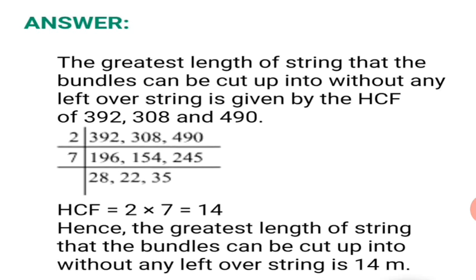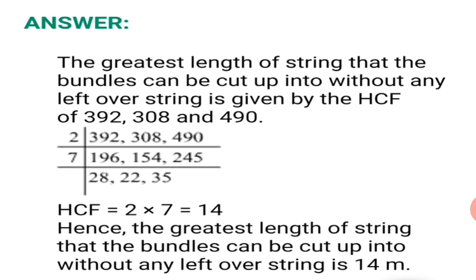The greatest length of string that the bundles can be cut up into without any leftover string is given by the HCF of 392, 308 and 490. So you find the HCF. The common factor is 2: 2 196s are 392, 2 154s are 308 and 2 245s are 490.